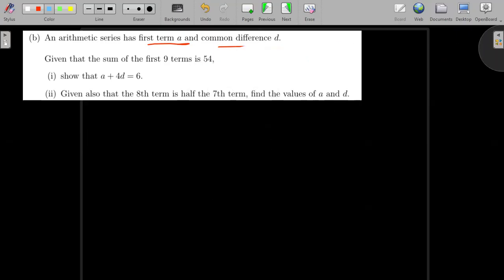All right, so let's look at B2. So on B2, they're saying, given also that the 8th term is half the 7th term, find the values of A and D. So what they mean here is that the 8th term is equal to half the 7th term.